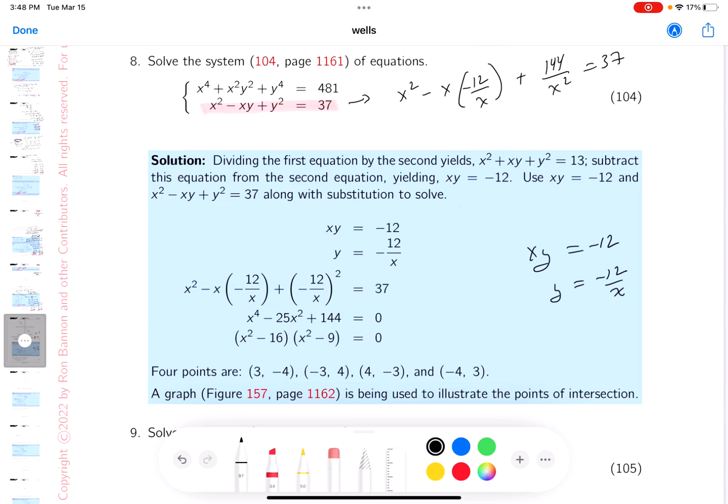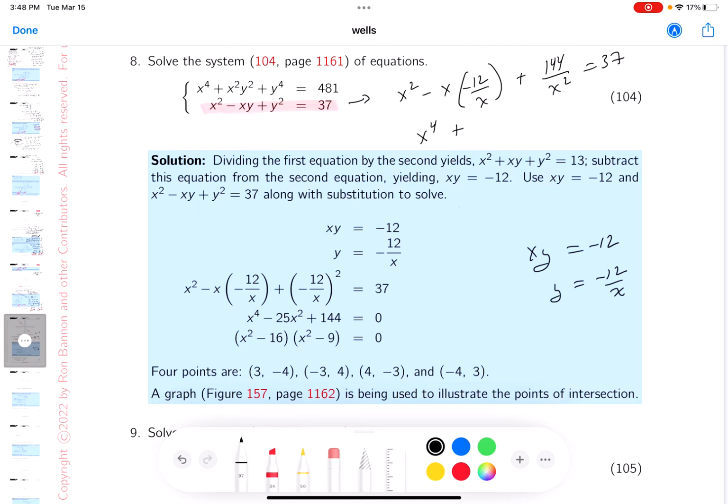So you get x to the fourth, let me make sure I did that right. Minus, did I do something funny here? Minus, no, it's plus, isn't it?